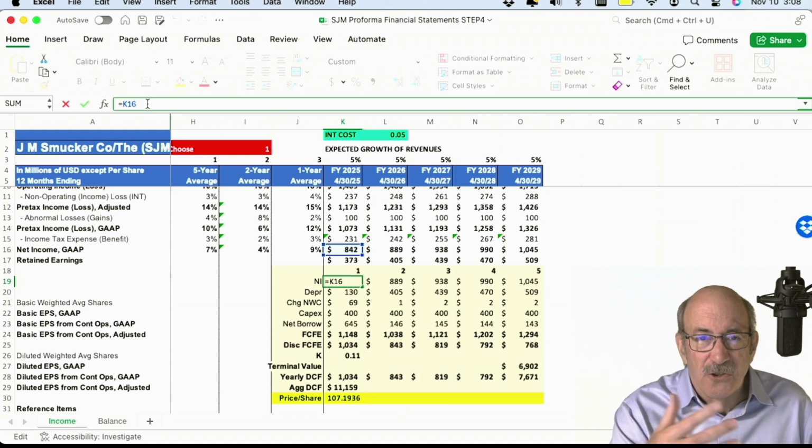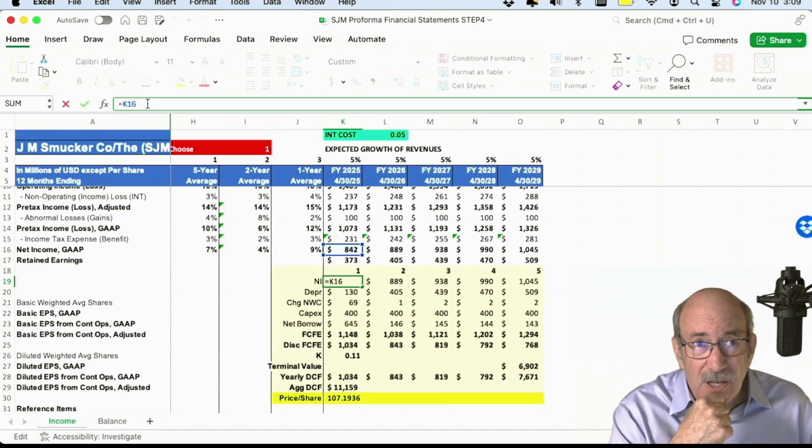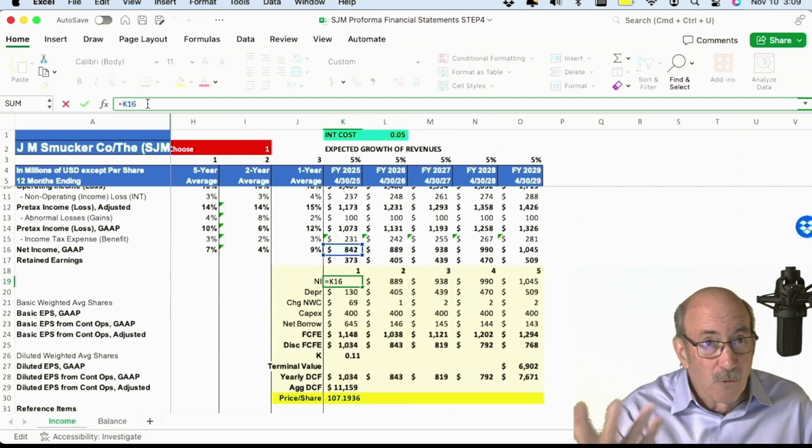And by the way, these should still be all cell references, right? Formulas. Don't hard code anything unless you absolutely have to. Make things reference everything else so that when you change one part of your spreadsheet, like the growth assumptions or the K, everything updates.